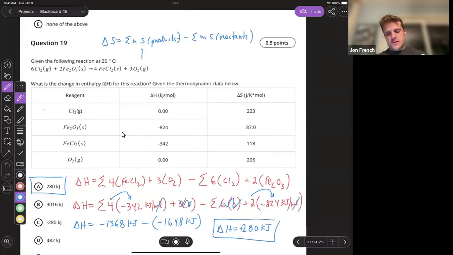So we could plug in delta H, we could plug in delta G. Those summation calculations are always products minus the reactants. So yeah, 280 kilojoules for that.